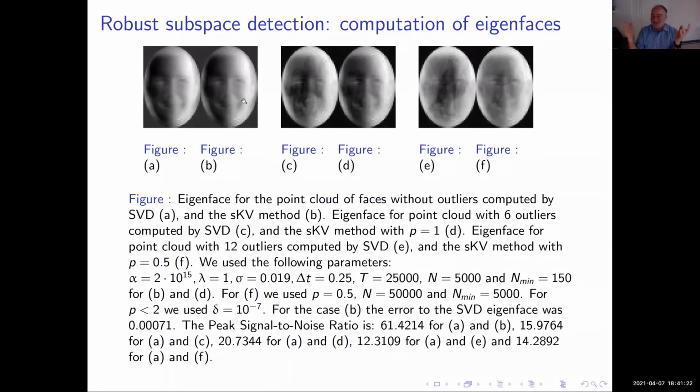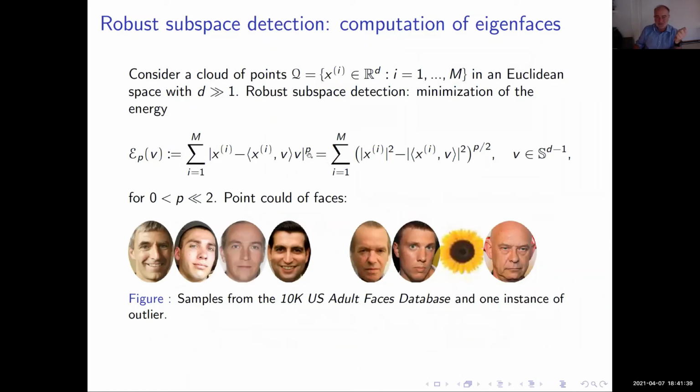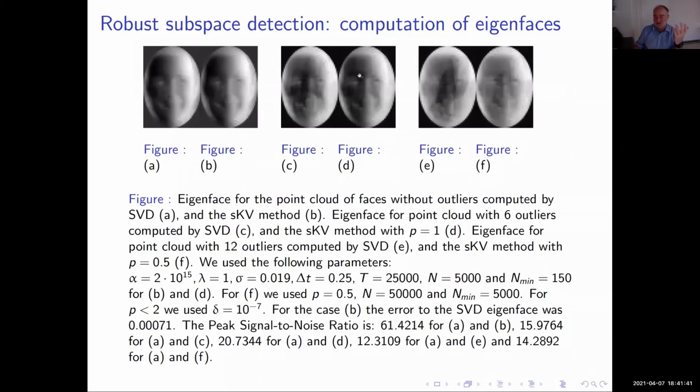Now let's assume that there are some outliers, and if you use SVD, you see that the outliers are distorting the situation completely because they pull it away. But if you use this optimization for p less than 1, and you use, say, a CBO method, what you get is still a relatively clean image and a more robust linear regression.